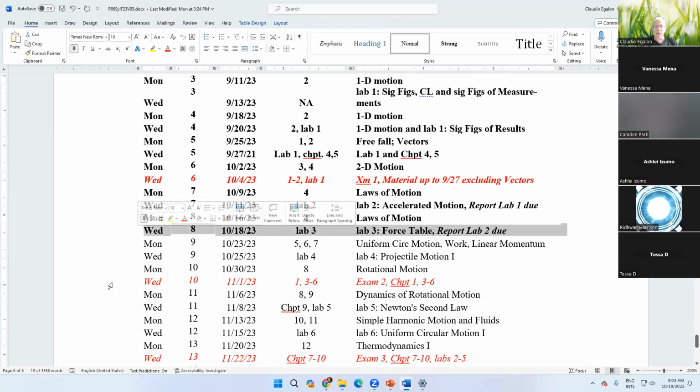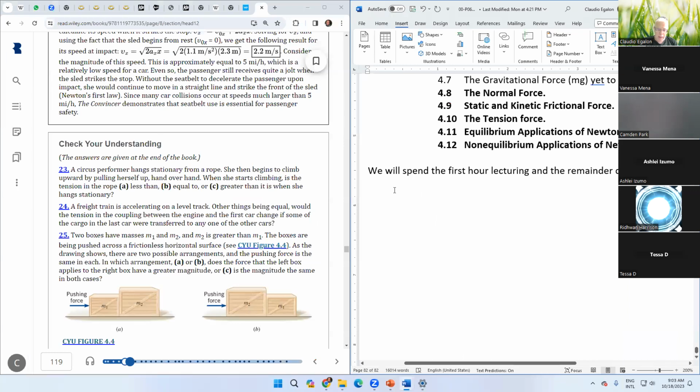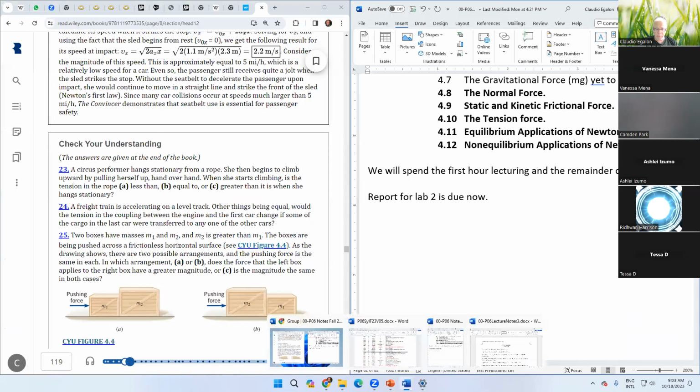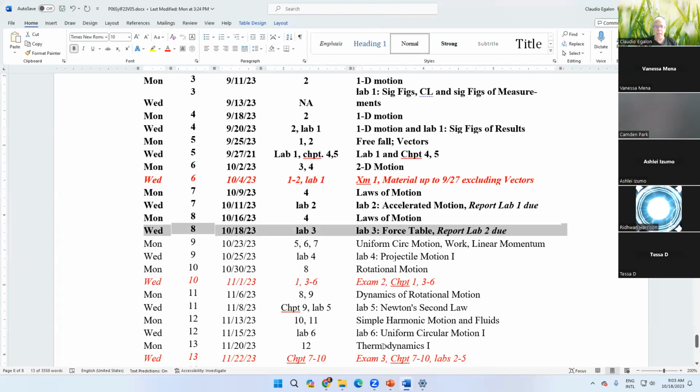Wednesday, 18th. Lab 3 is the first table. And by the way, the lab report for lab 2 is due now. Make sure you upload it to your group folder. Going back to my syllabus, it looks like we'll be able to finish chapter 4 now.